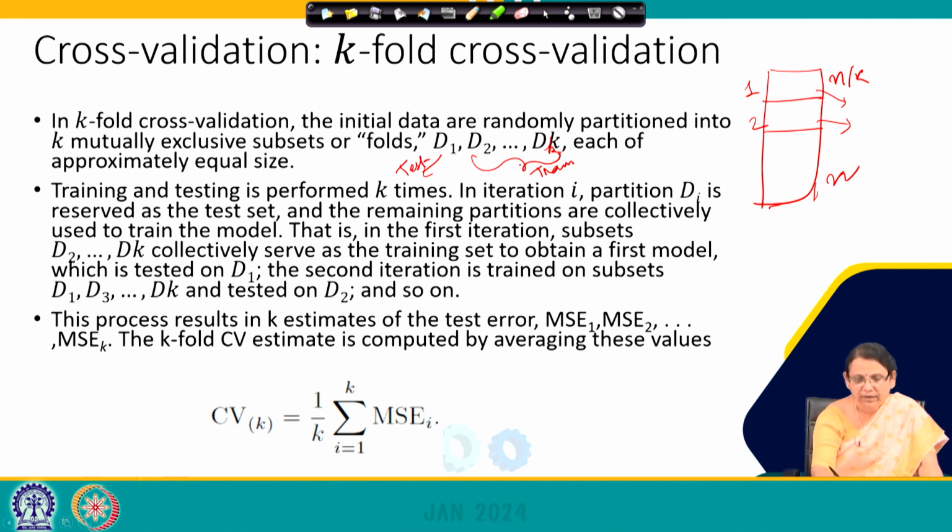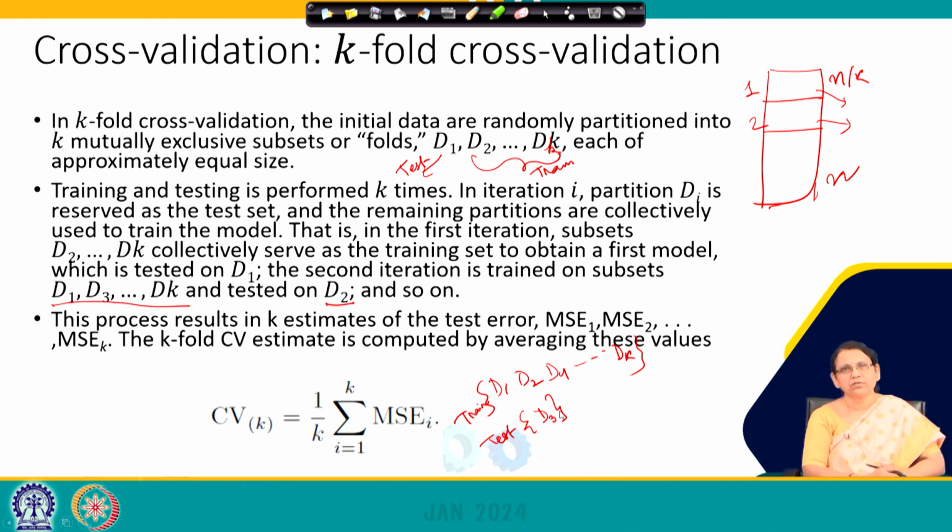So, next time, I will be making D1, D3 and so on, leaving D2 out of my train set, and the test will be on D2. And maybe next time I will be making D1, D2, D4 up to Dk my training set, and I can test with D3, which I left out. So, every time I will be considering k minus 1 partitions put together to train and another one to test.